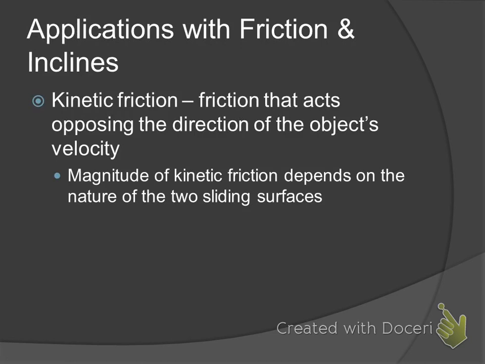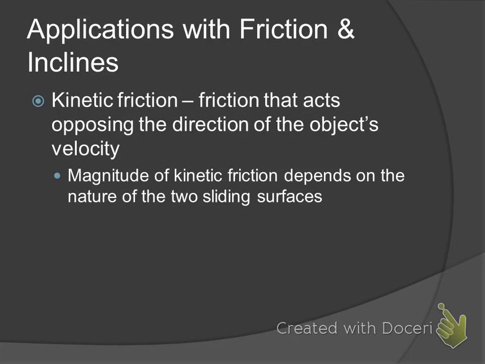The size, when we say magnitude, that's the size. So the size of our kinetic friction depends on the nature of the two surfaces that are interacting. When I say two surfaces that are interacting, that means if I'm sliding sandpaper on carpet, would you expect a lot of friction?